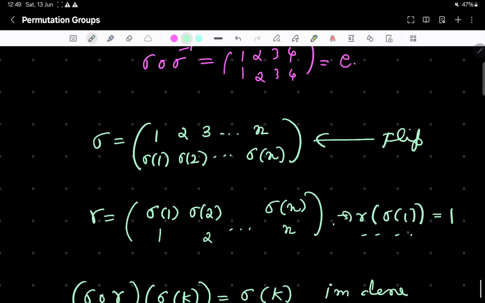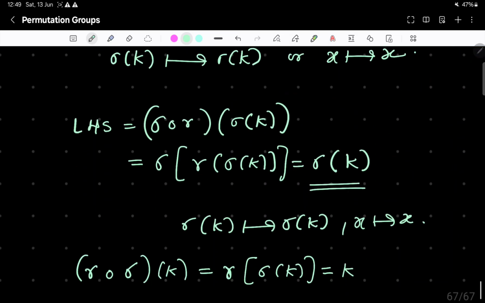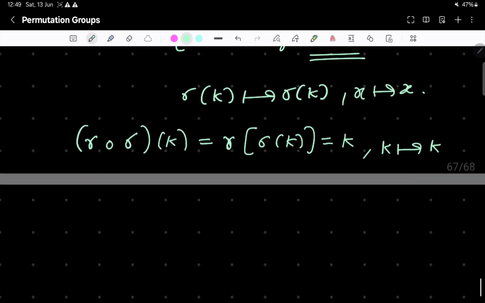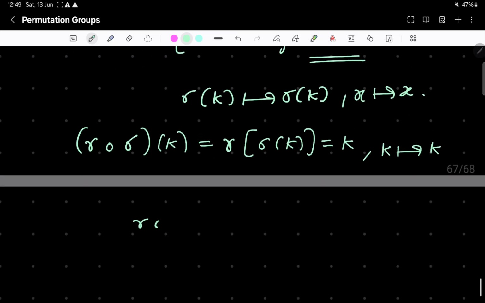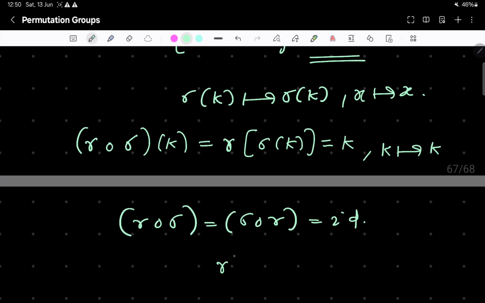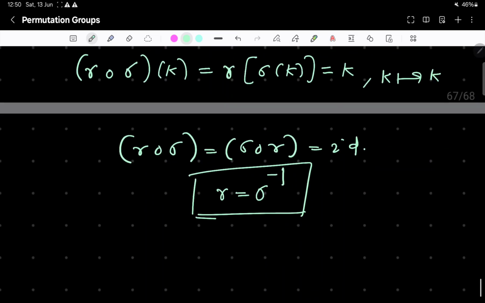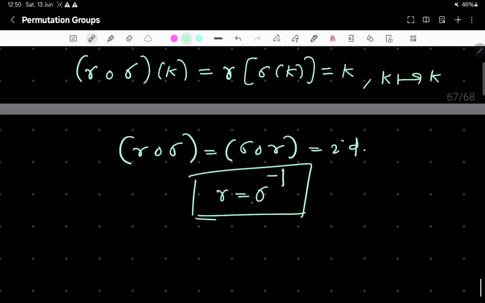So here too you can see that k maps to k, and in both cases it is an identity function. So gamma∘sigma equals sigma∘gamma, both are identity functions. That is, gamma is the inverse of sigma. So every permutation has an inverse, that is, S_n is a group. Okay, thank you.